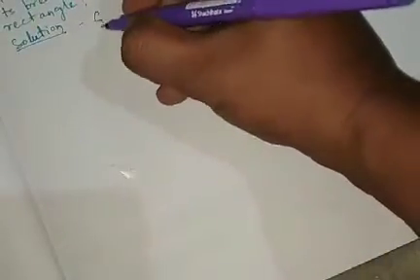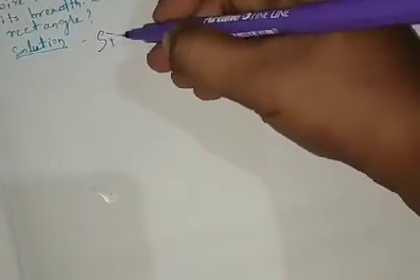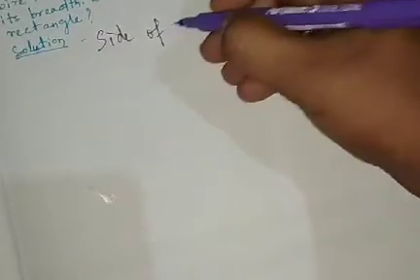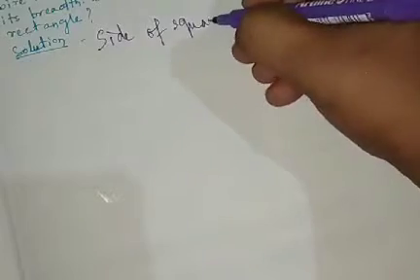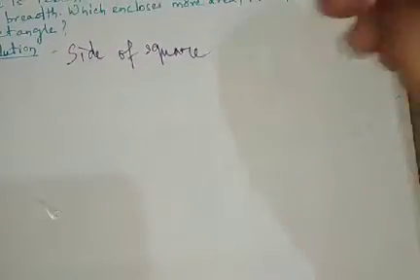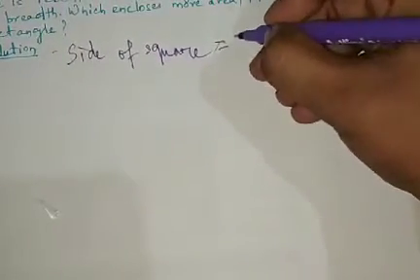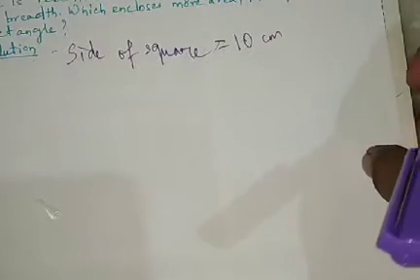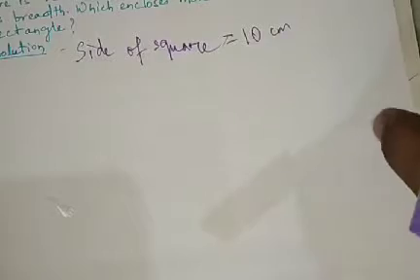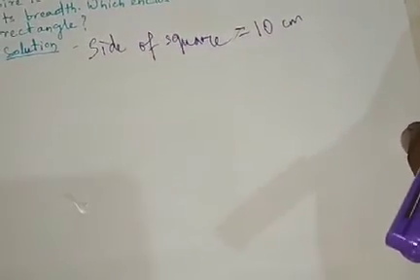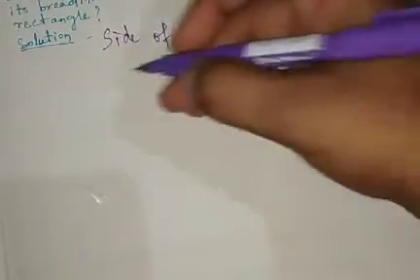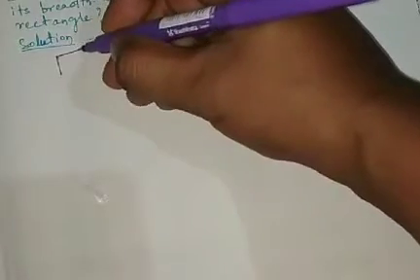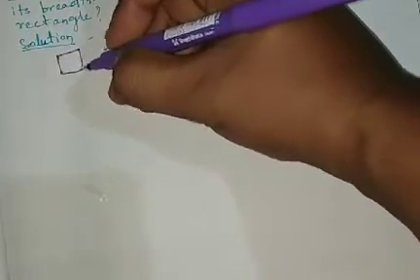So side of square is given. Side of square is how much? 10 centimeter. The wire is shaped like a square.